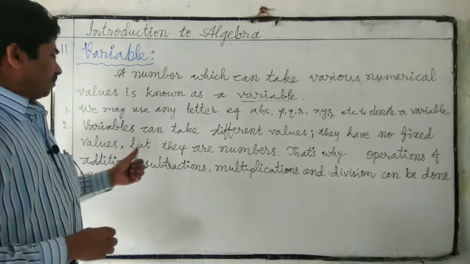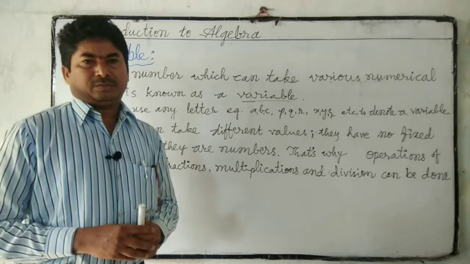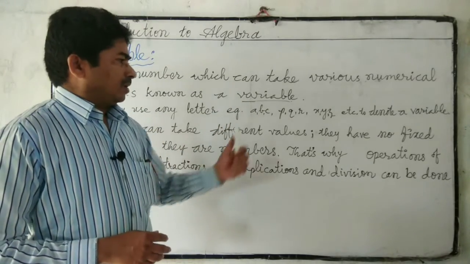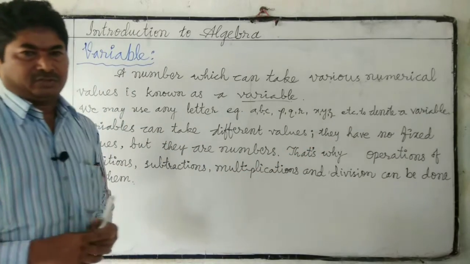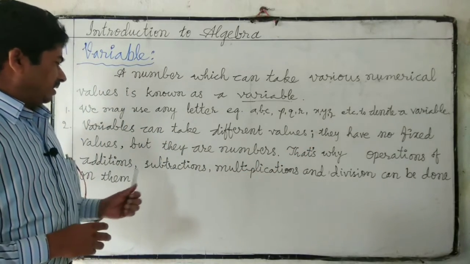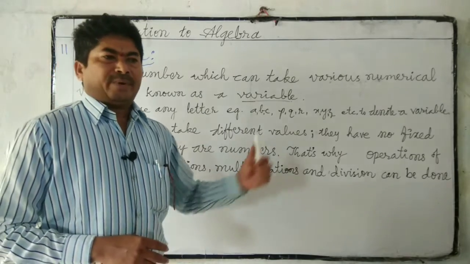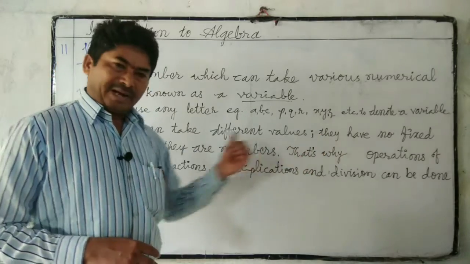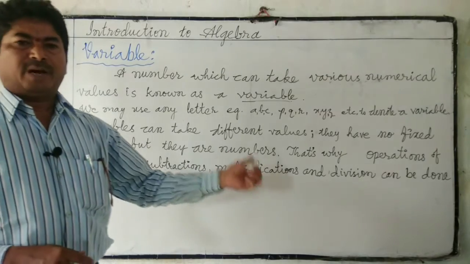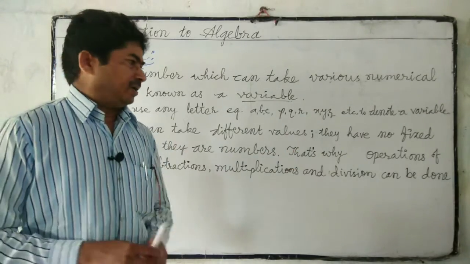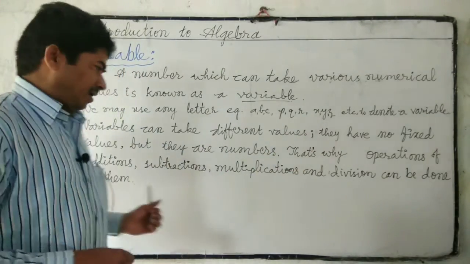Variables can take different values. They have no fixed values, but they are numbers. That's why the operations of addition, subtraction, multiplication and division can be done on them.